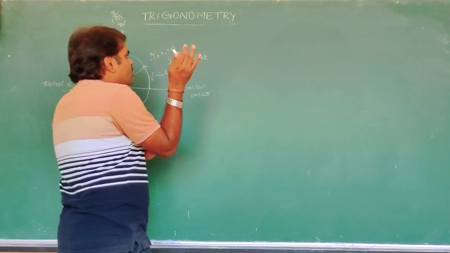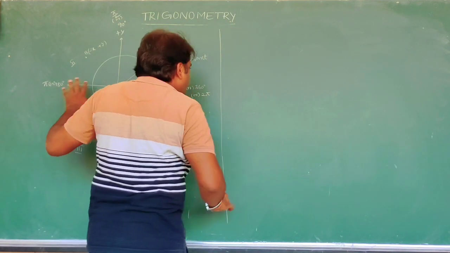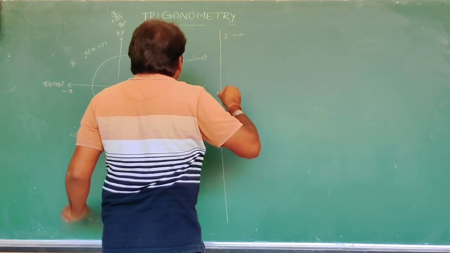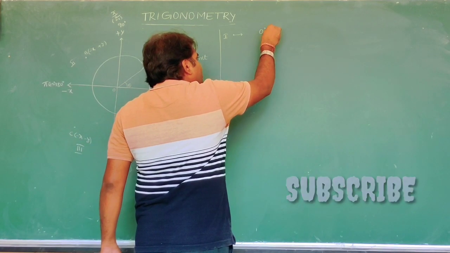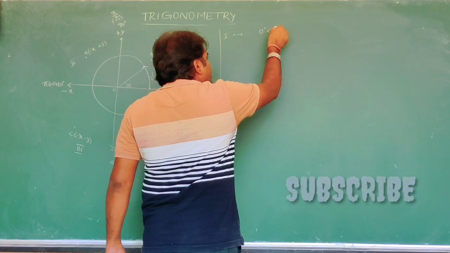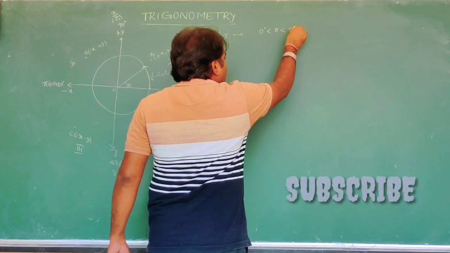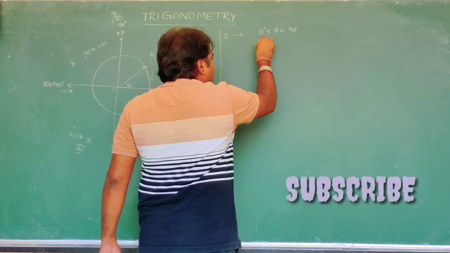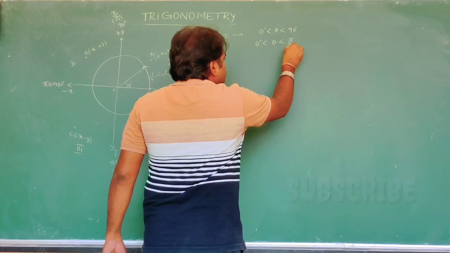Now let us understand the quadrants one by one. First quadrant. The first quadrant lies between 0 degree and 90 degree: the angle satisfies 0 degree less than theta less than 90 degree, or 0 radian less than theta less than pi by 2 radian.